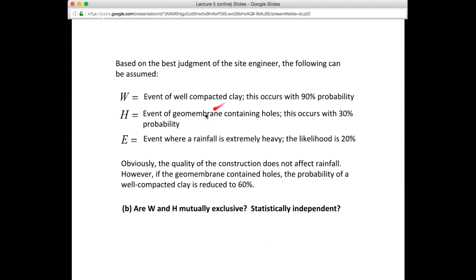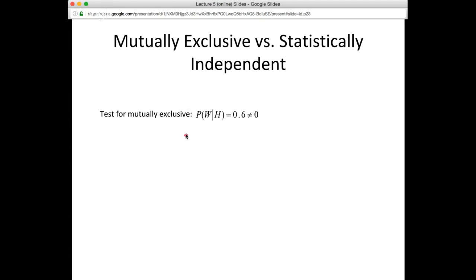It's not like if one occurs, the other one can't, but we'll demonstrate that in a second. And in terms of them being statistically independent, we know they're not, because we talked about how if there are holes in the geomembrane, that's going to lower the probability of a well-compacted clay. But we can do the actual mathematical tests.